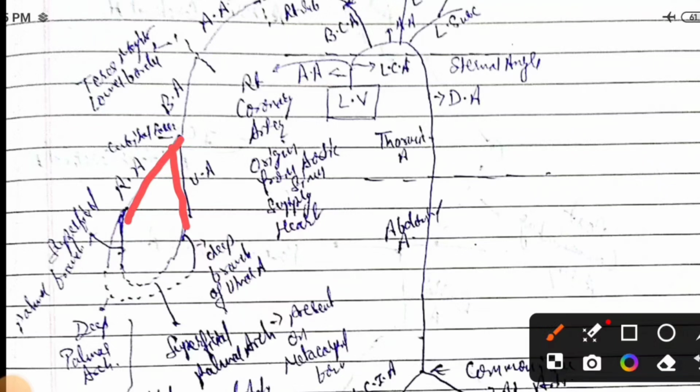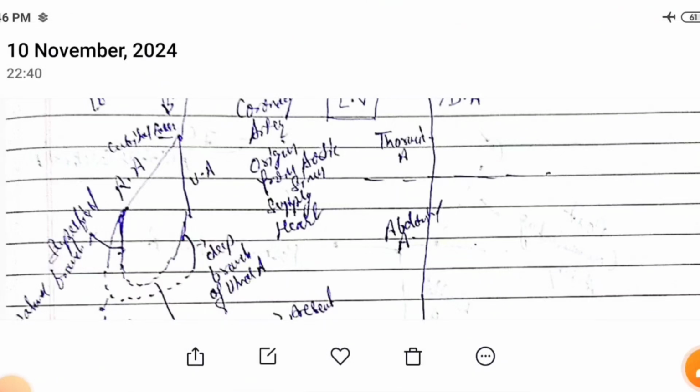From the ulnar artery, one branch arises, the deep branch of the ulnar artery, and the superficial palmar branch arises from the radial artery. I hope till here it's clear.